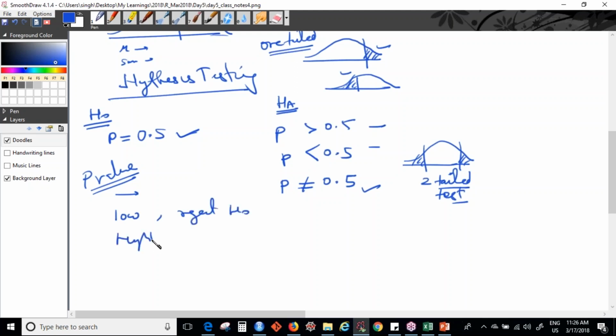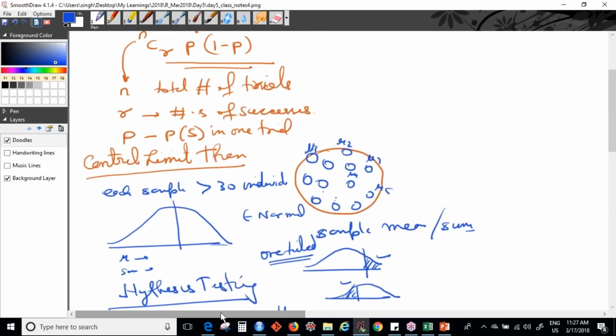If your p-value is high, you fail to reject your null hypothesis. And the threshold is usually 5% or 0.05.